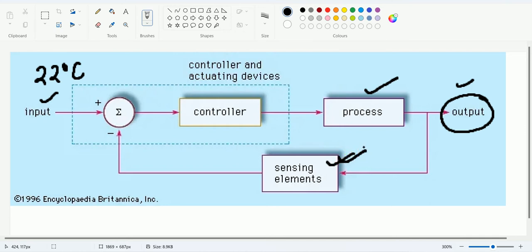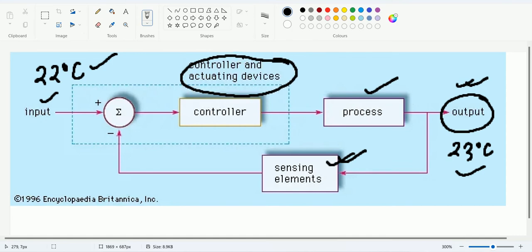These devices will examine the output. Say, for example, the output is 23 degrees Celsius. So we have got a difference between the reference value and the output value. And this difference will be examined by the controlling and actuating devices.